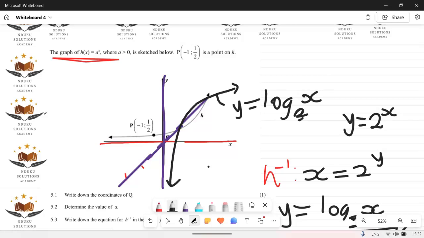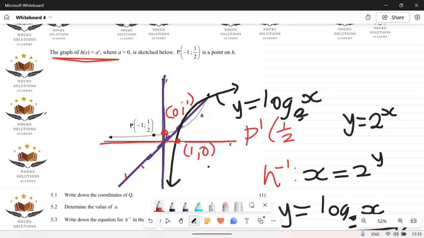So when you look at the intercept, they are looking for the intercept. Remember, we said x was 0 and y was 1. So it means things will swap. This will be x is 1 and y will actually be 0. The same applies if you look for the reflection of point P. The image will actually swap.